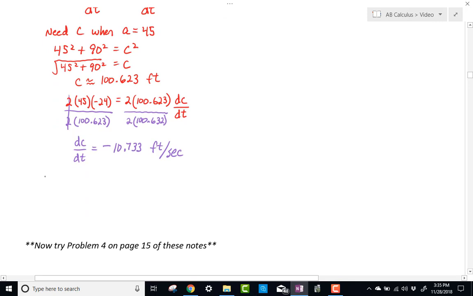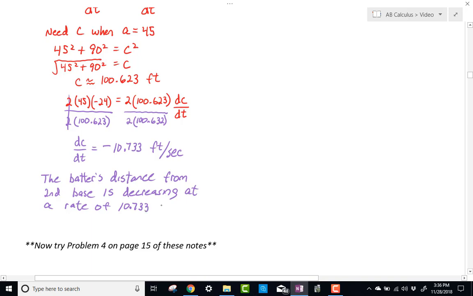Basically what's happening here is the batter's distance from second base is decreasing at a rate of 10.733 feet per second when the batter is halfway to first base.